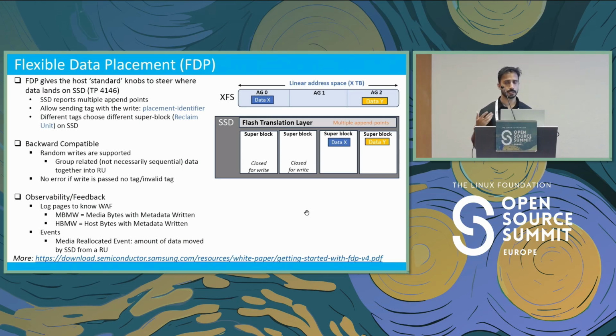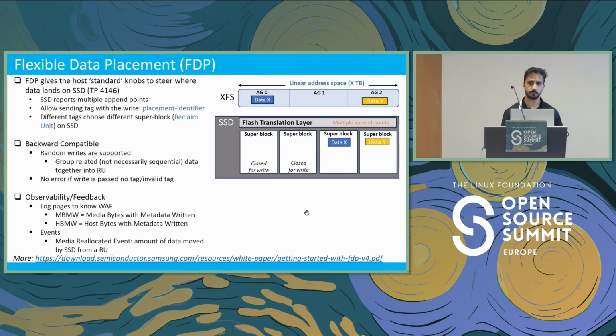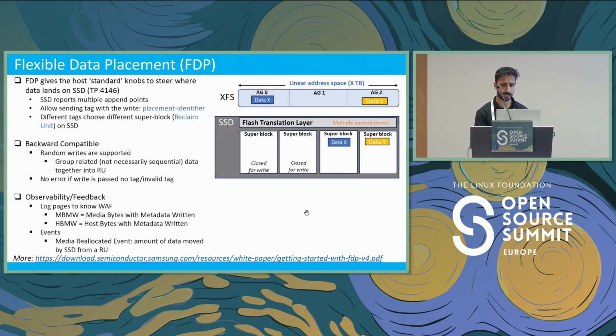And that could be the case because you may not be doing a very fine job with respect to segregation. The whole model is backward compatible, so no one is forcing you to be super accurate with these tags. But the feedback mechanism allows you to improve incrementally over time.